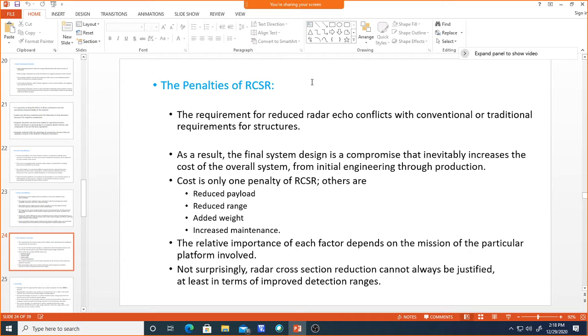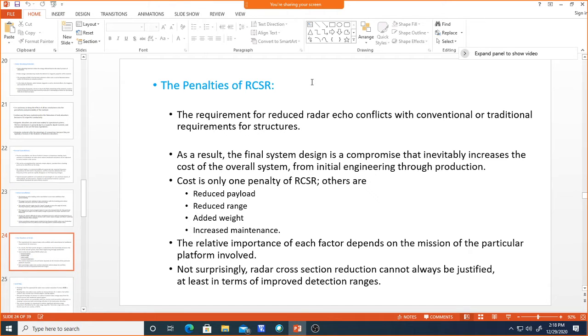So now cost is the one penalty of RCSR. Of course, we have to pay some cost for radar cross section reduction, because whatever technique you use for that reduction, the hardware or the structures need to be modified according to that percentage of radar cross section.